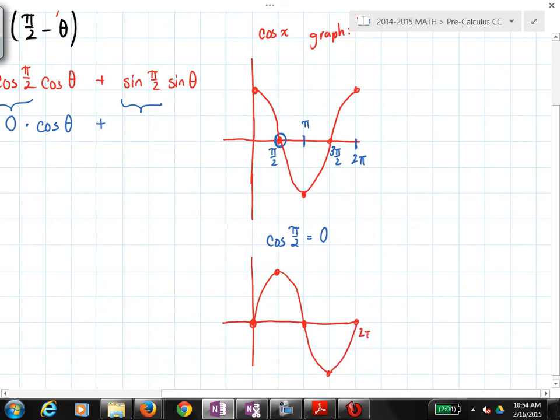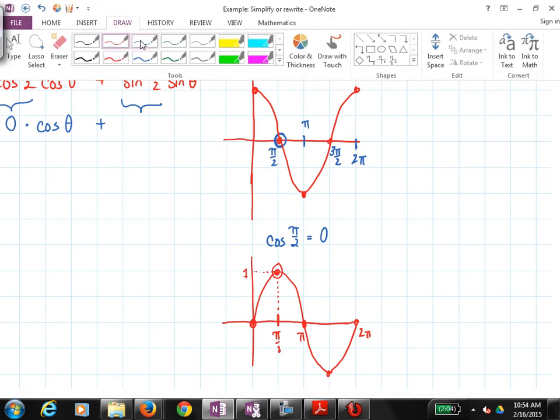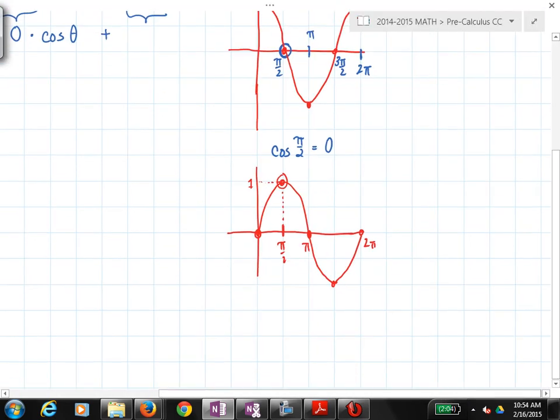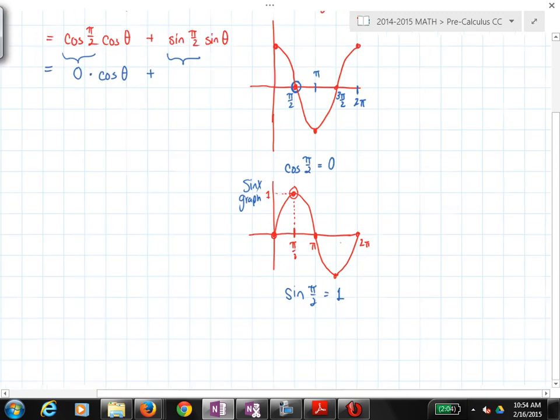And same markers, 2 pi, pi. But I'm interested in the pi over 2. So what's the value at this point? 1. Yes. So then I'm going to go ahead and put on here sine. I should label this as the sine of x graph. So I'm going to put down here sine of pi over 2 is equivalent to 1.